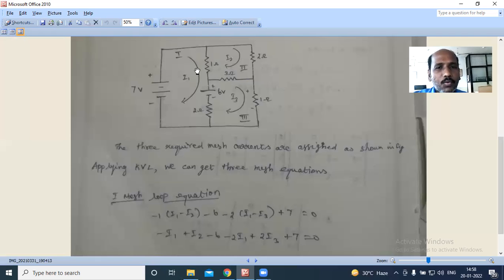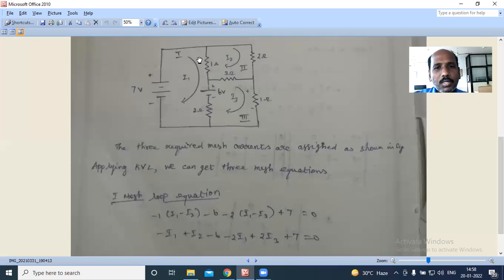Here, I1 is flowing in the downward direction as per the assumption. That is the current through the 1 ohm resistor. Another one is I2. In the diagram, I2 is also flowing through the 1 ohm resistor, but as per the assumption, in the clockwise direction, so it flows in the upward direction through the 1 ohm resistor.